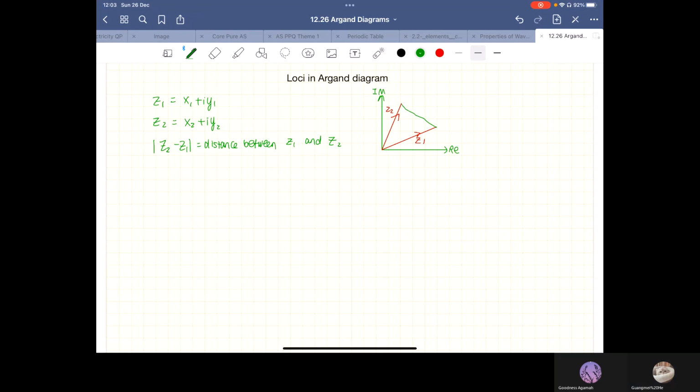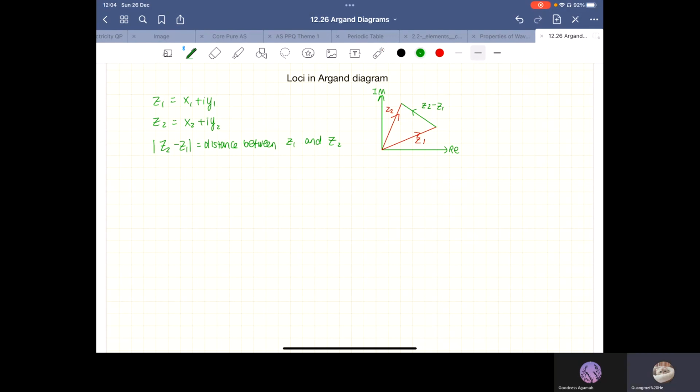Here, where it joins. This is a bit like the vector. If you want it to go from here to here, you will add z2, subtract z1. Bit like that.